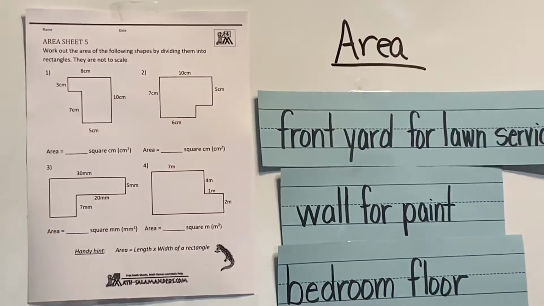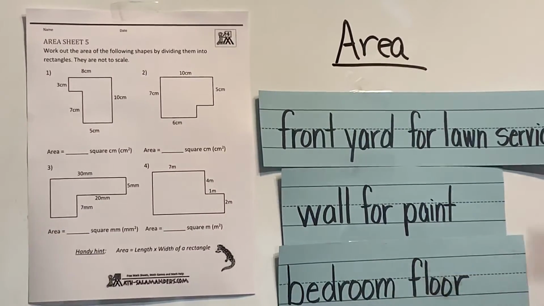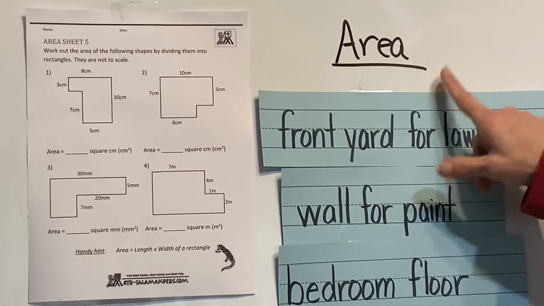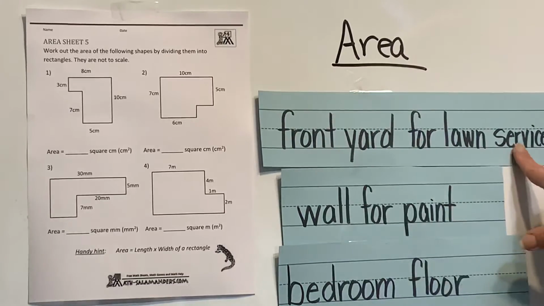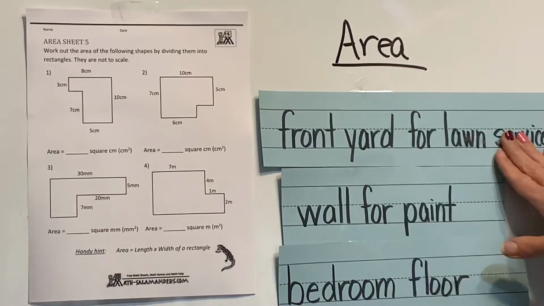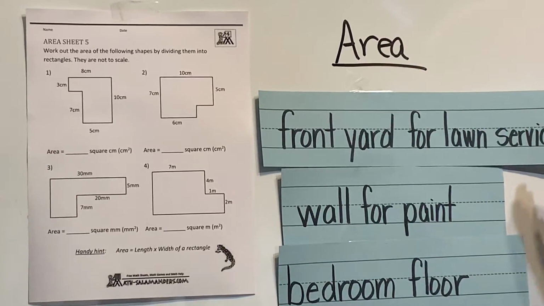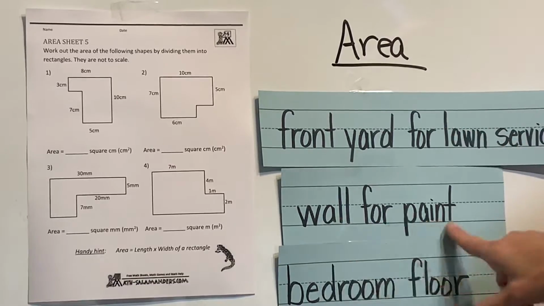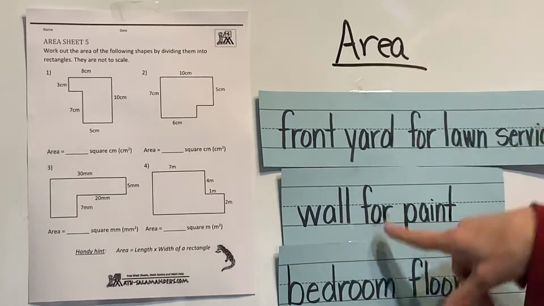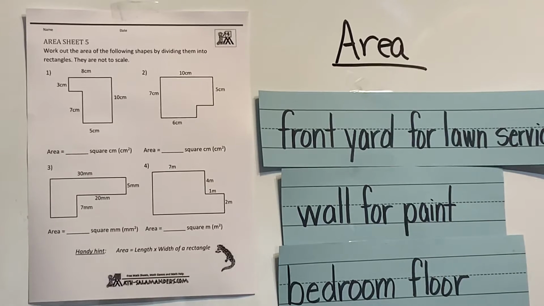Okay, so let's get started with our review about area. Our practical applications that we spoke about yesterday, things that we measure in area, would be like our front yard. In case we wanted a lawn service to come in and spray fertilizer on our front yard, we would have to know the area to know exactly how much we were going to be charged. Then also, if you were painting a wall, you would need to know the area of the wall in order to get the right amount of paint.